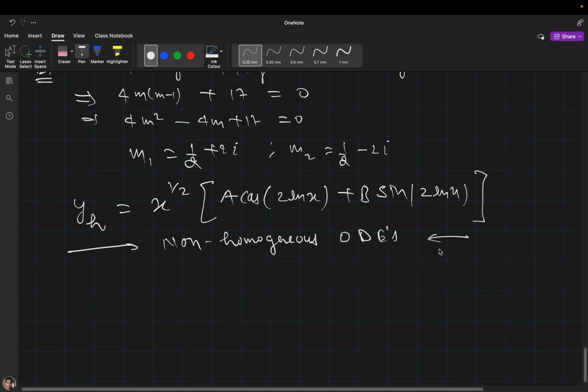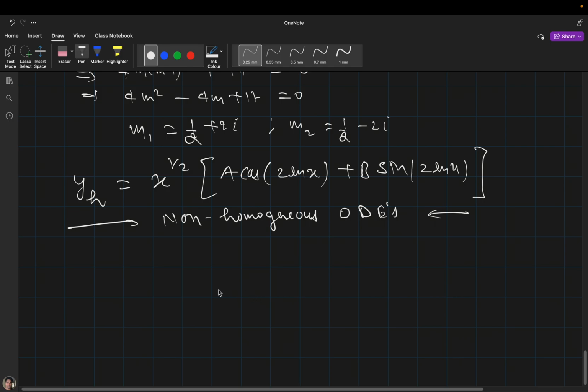In the case of non-homogeneous, the general solution will be something like this.